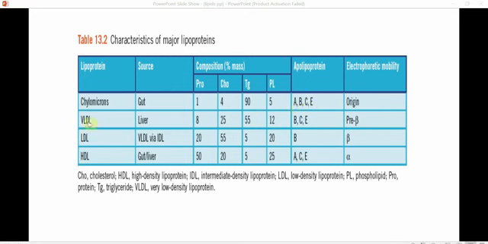Each of these has a specific function. Besides acting as a carrier of the lipids in the plasma, it also acts as a guide for these particles to bind to the specific receptors in different tissues.